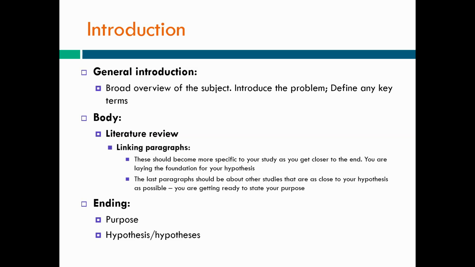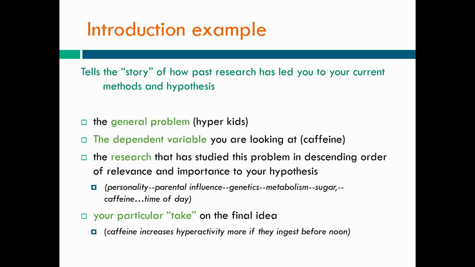You would move on to the lit review, talking about research that has been done in whatever topic you're writing about. Linking paragraphs, meaning that your transitions are smooth. You're going from idea A to idea B to idea C in a very logical manner. And finally, you would end with the purpose of the study, the hypothesis or hypotheses. So let's look at how this would look.